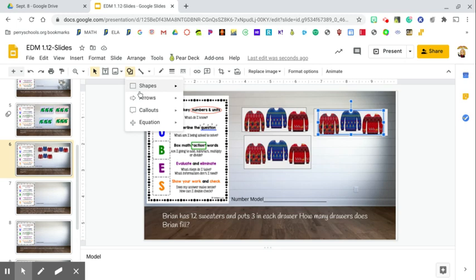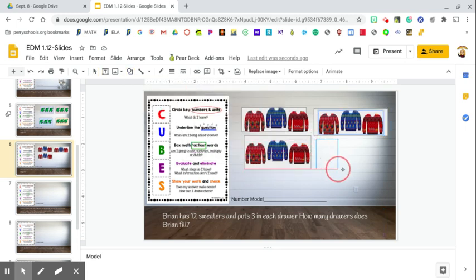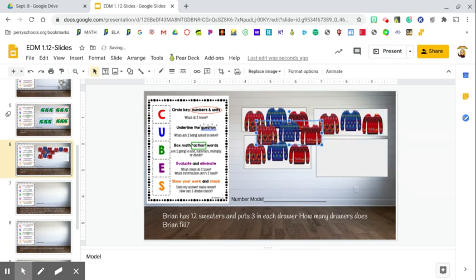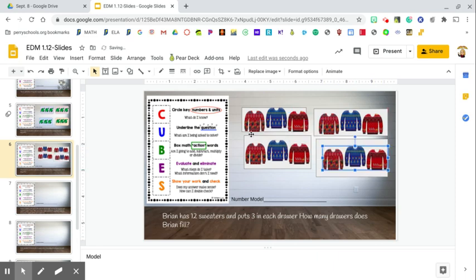So I'm going to get another shape and paste my sweaters in there again. So I've got it right here, drag it in there, and now I have my 12. 1, 2, 3, 4, 5, 6, 7, 8, 9, 10, 11, 12. So I would put that in, my picture is drawn.